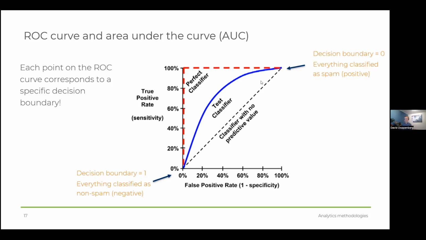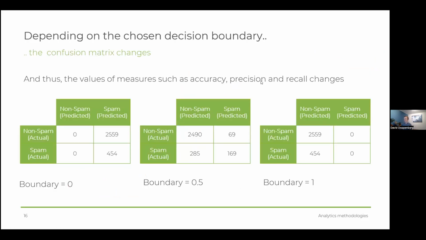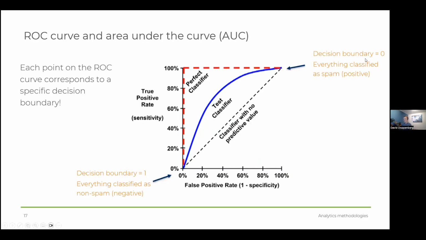And that has to do with the thing we saw here, because the point in the upper right corner corresponds to the decision boundary where everything is classified as positive out of positive, but then also the false positive rate, it means you basically classified everything that was negative as positive, meaning that you also end up here at 100%.